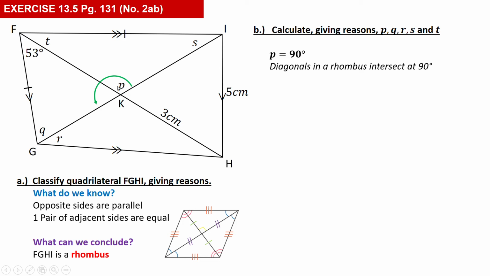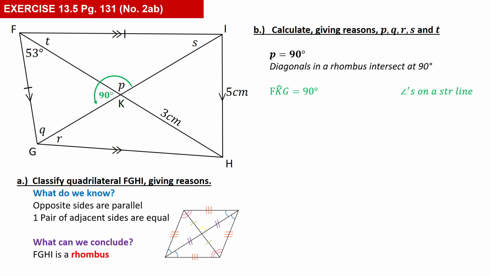So if P is equal to 90, it must mean that this angle here is also equal to 90, because 90 plus 90 gives me 180, and angles on a straight line add up to 180. So I'm going to state FKG, so this angle here, is equal to 90 degrees because of angles on a straight line.